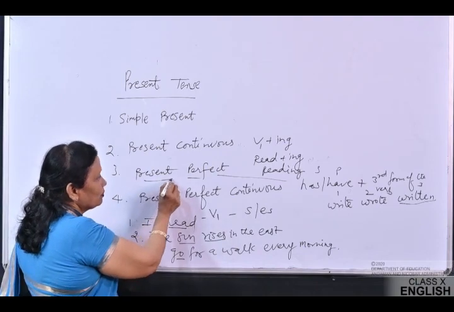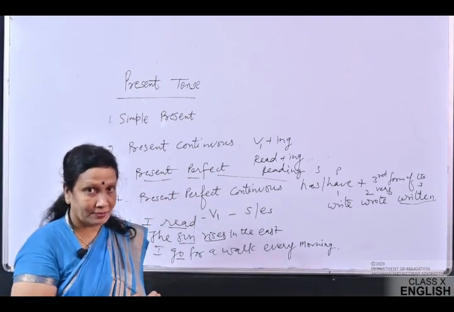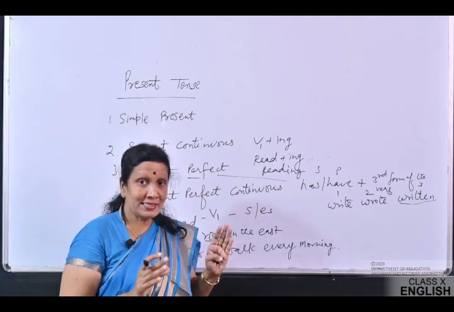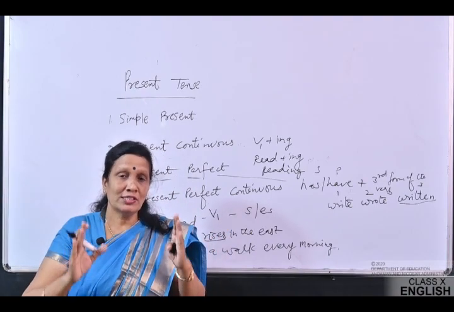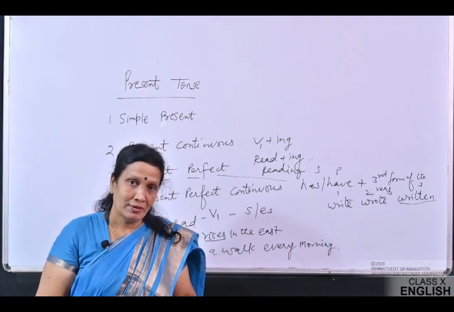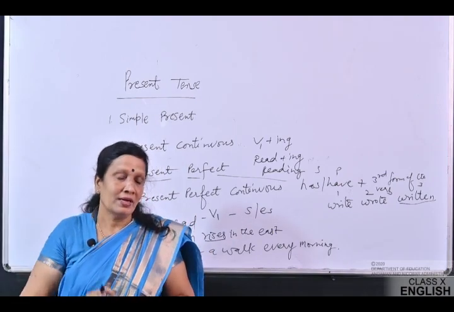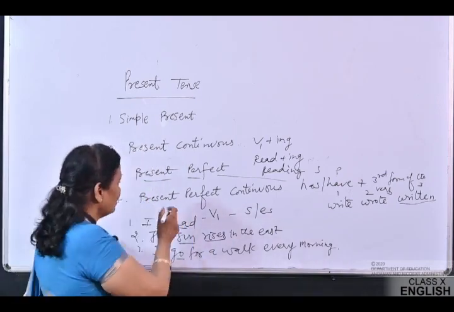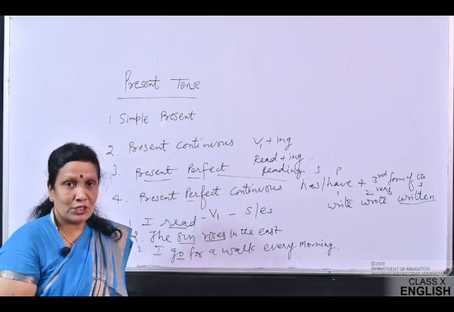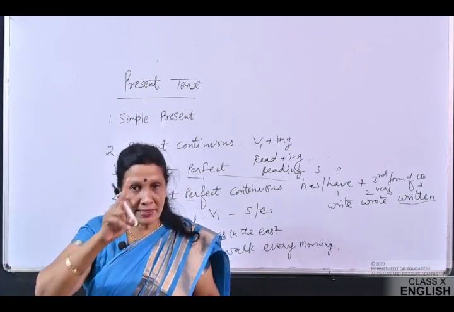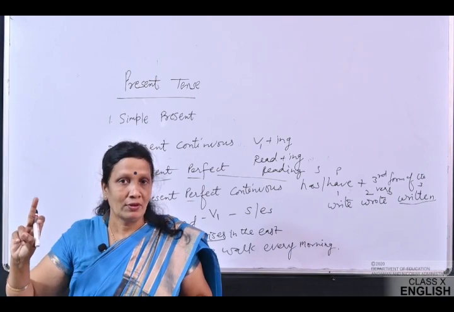Now the present perfect continuous. Okay, that means your action is not yet complete. You have started some action and it is still continuing. In that situation, you use the present perfect continuous. It's not complete, but it is continuing. Okay?